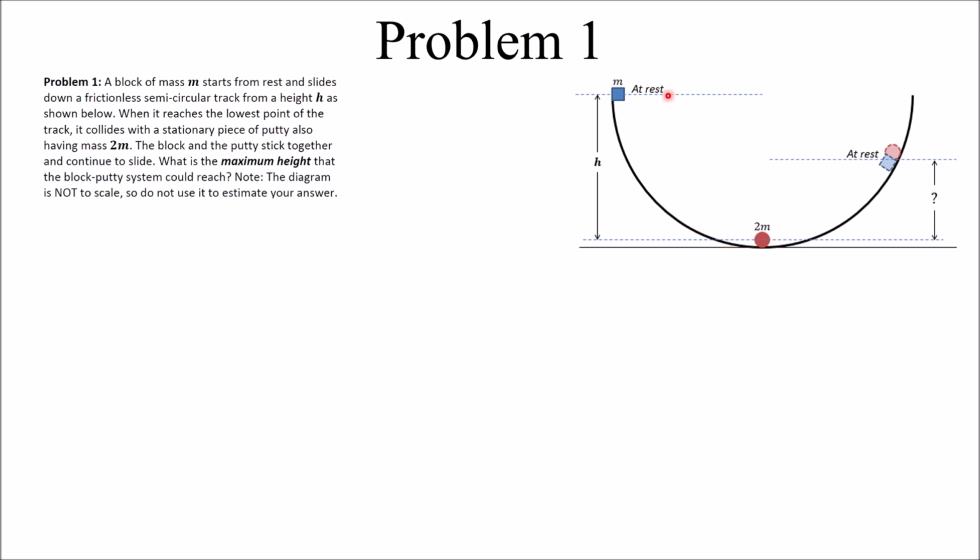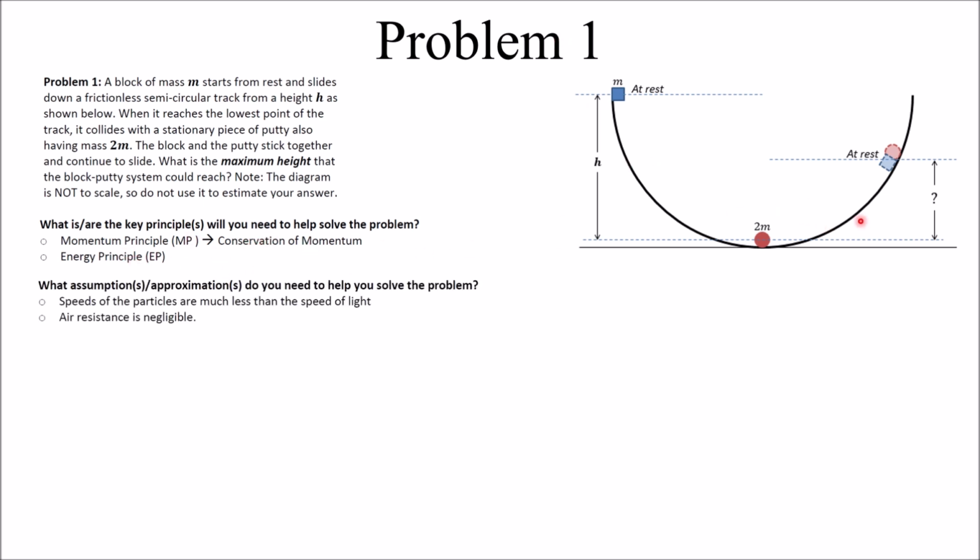And so we break it up into 3 phases as we're looking at this. But the general idea is we are going to be looking at the momentum principle and the conservation of momentum, and we'll be looking also at the energy principle. And so we are going to assume that the speeds are much, much less than the speed of light.